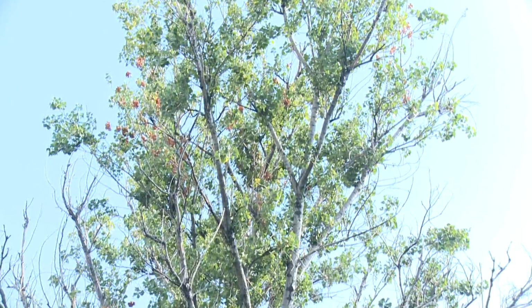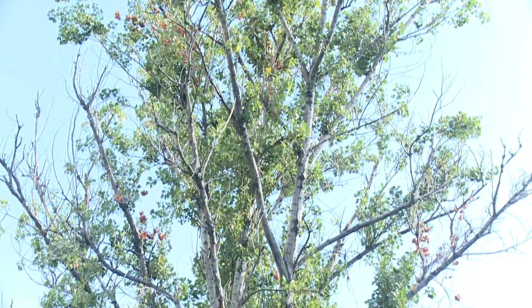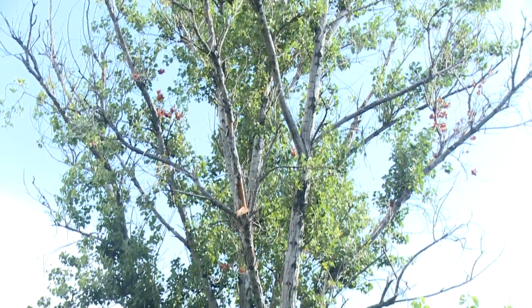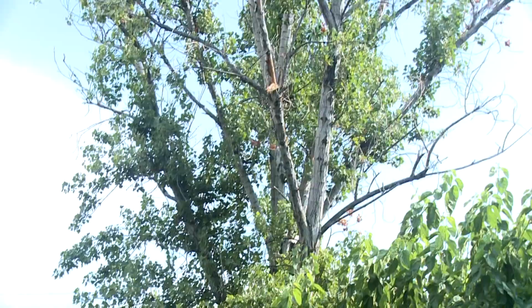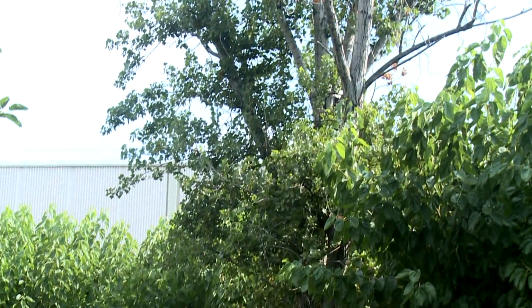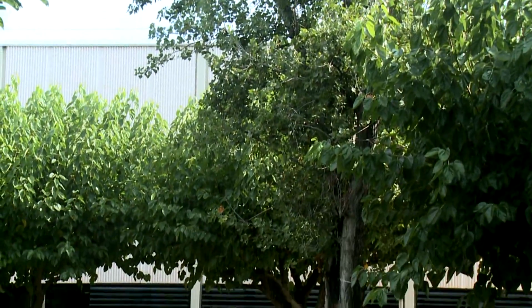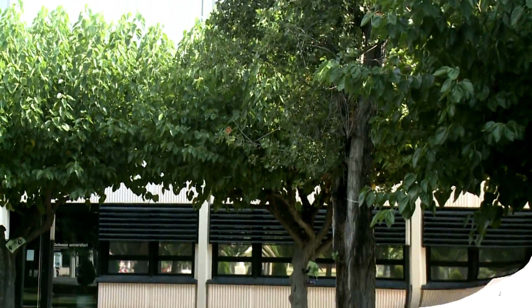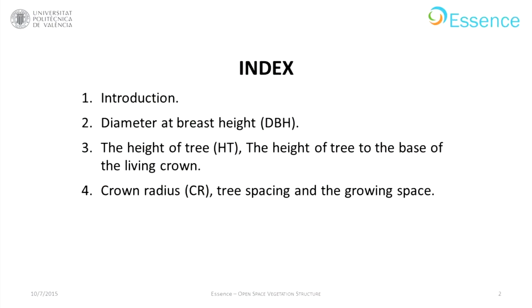Moreover, the principal open space components are trees. To understand the way of describing green infrastructures and the measurements of the trees are aims of this video. This list of items summarizes the aims of the video. At first, we will make a short introduction.